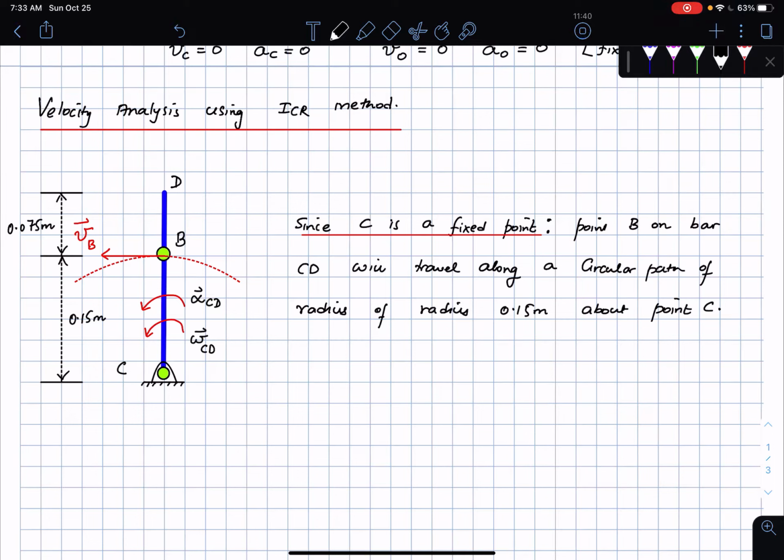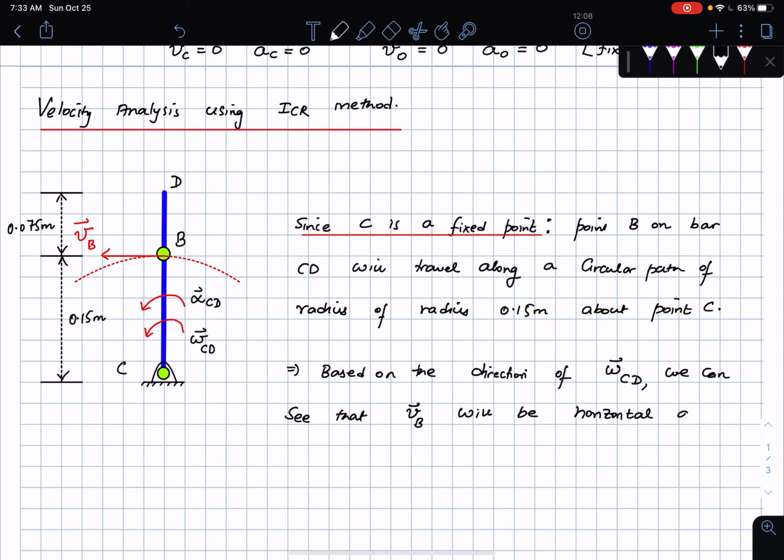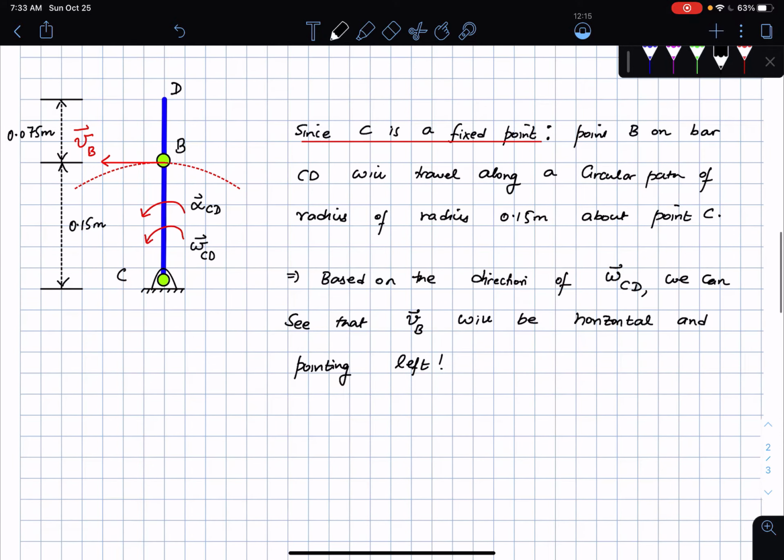Okay, all right. So this implies that based on the direction of omega CD, we can see that velocity of B will be horizontal and pointing left. Now, is this correct? I don't know.